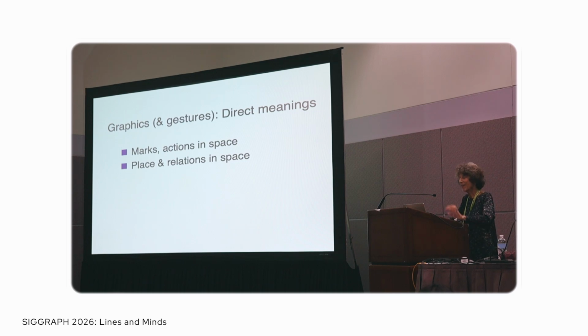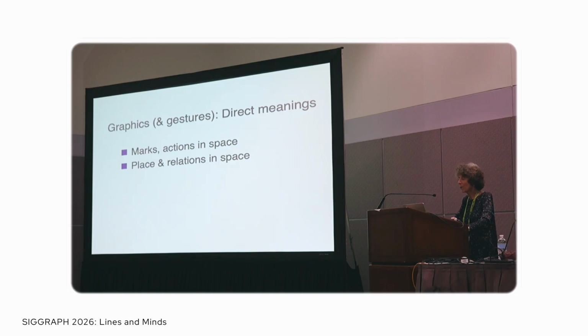And again, a much longer topic I wish we could dwell on. And they're made of marks on a page or actions by your hands, gestures. And we also use the place in space and the spatial relations. I mean, watch my hands, to understand graphics and gestures.